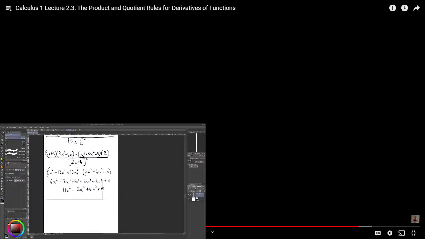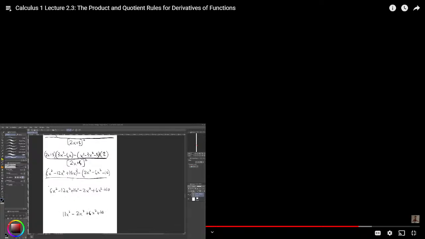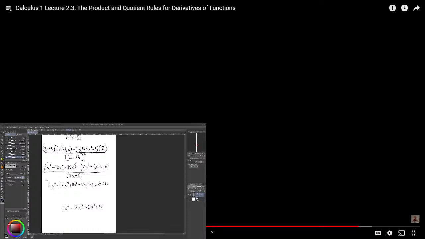I forgot I need the denominator for all these: 2x plus 5 squared.